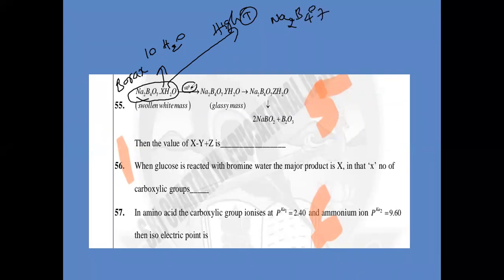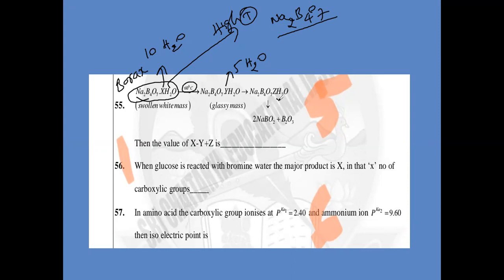If they don't give any temperature and say high temperature or heating simply, anhydrous Na2B4O7 will form without water. At 60 degrees Celsius, first it will change into Na2B4O7·5H2O. 5H2O will form here.